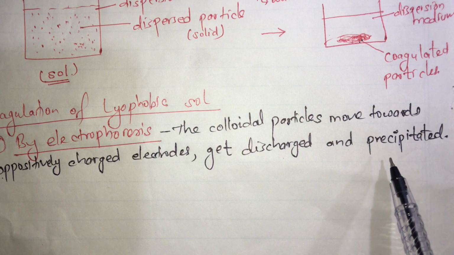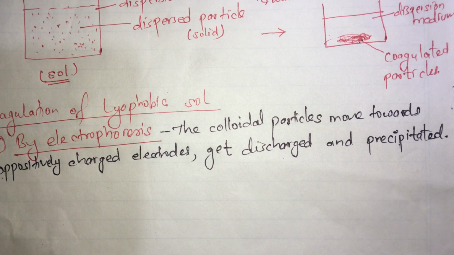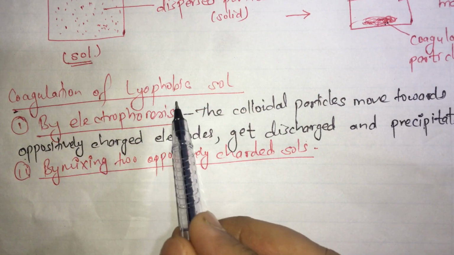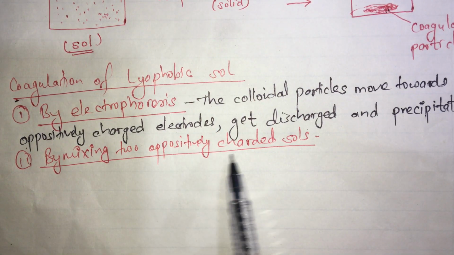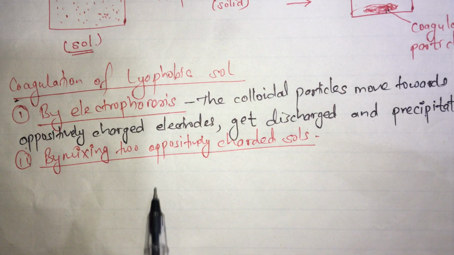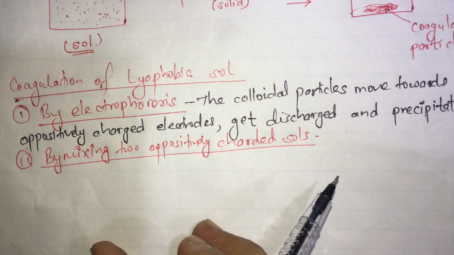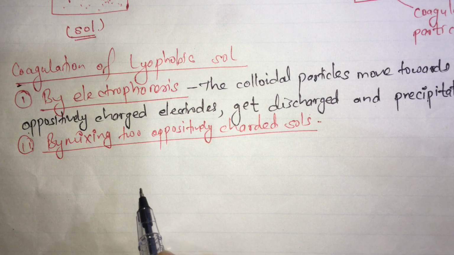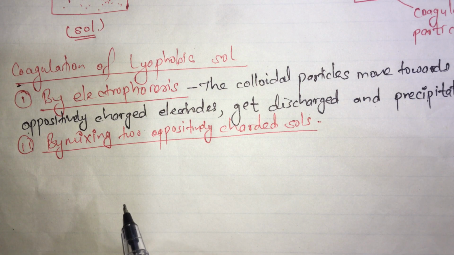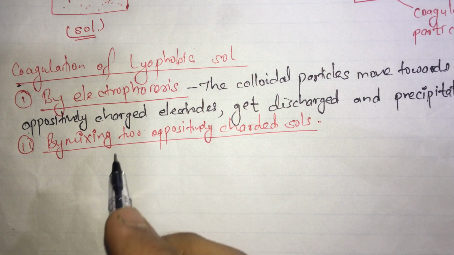This is the electrophoresis process. Another method of coagulation of lyophobic sol is by mixing two oppositely charged sols. Oppositely charged sols, when mixed in almost equivalent proportions, neutralize their charges and get partially or completely precipitated.